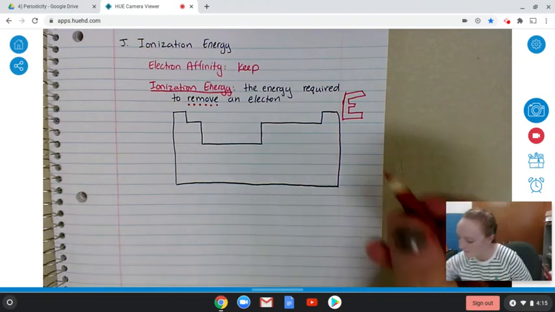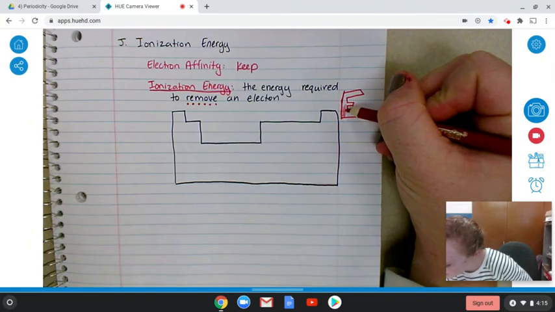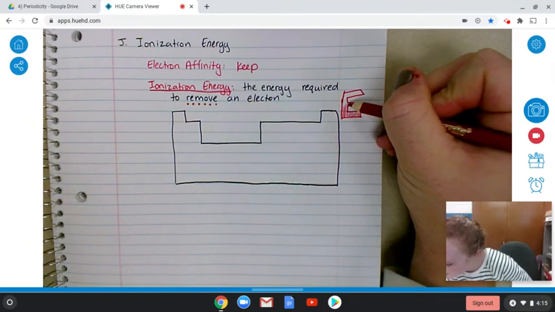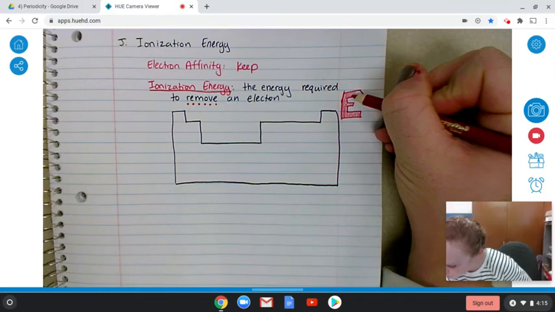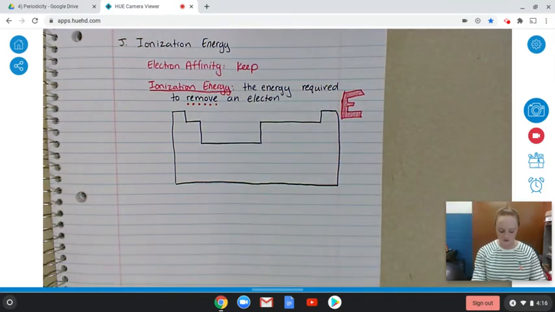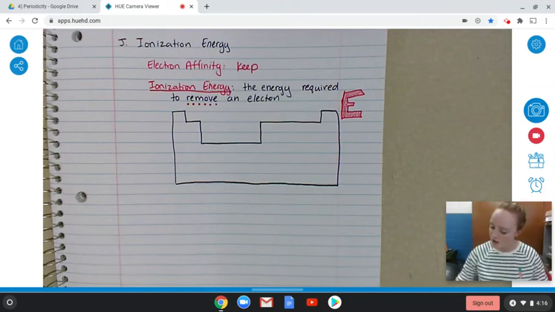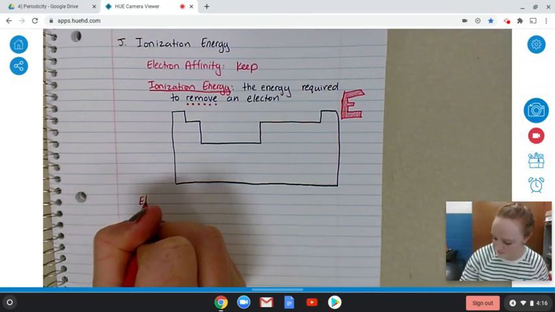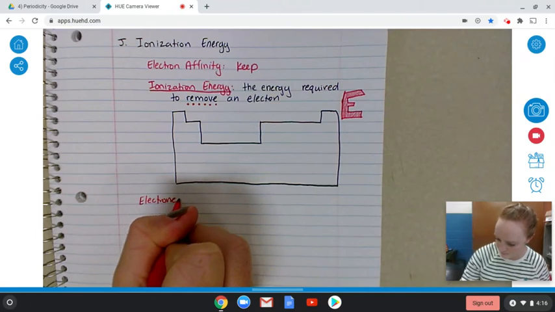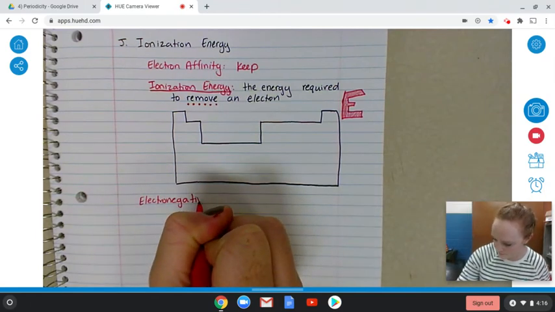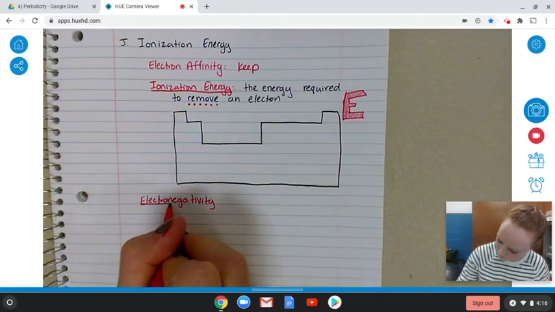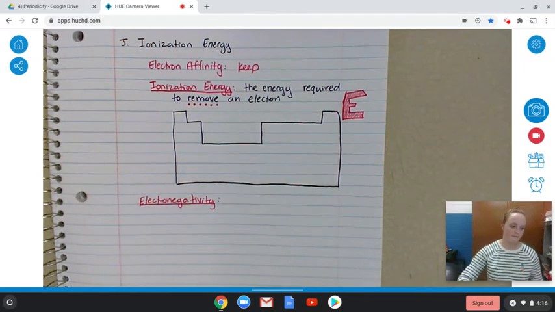We actually have a third electron trend that's kind of a combination or a mashup of the two. So electron affinity is all about keeping. Ionization energy is all about removing. Electronegativity is all about stealing. So electronegativity is about keeping and stealing it.